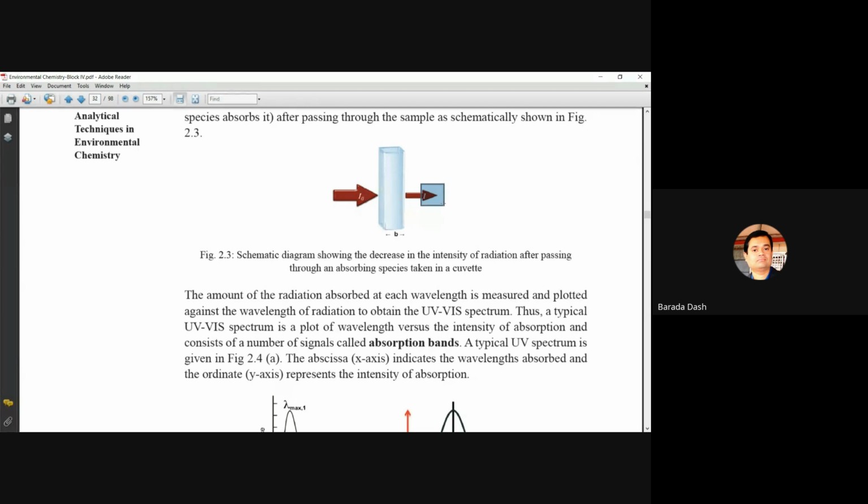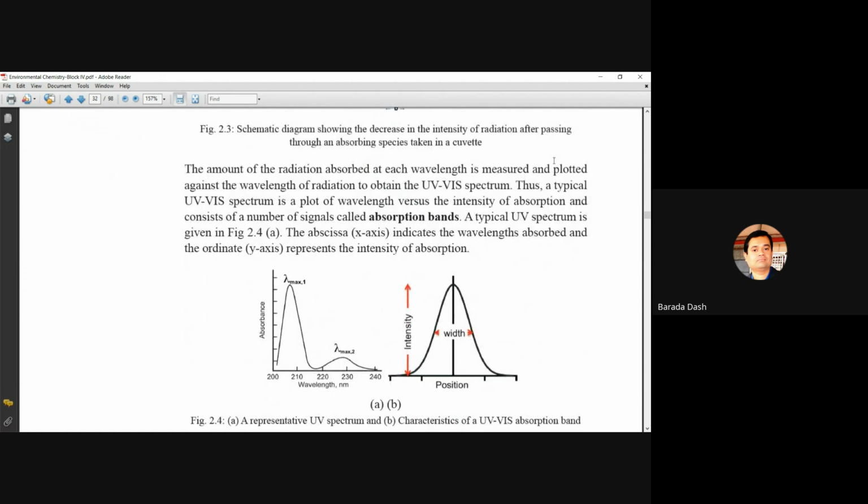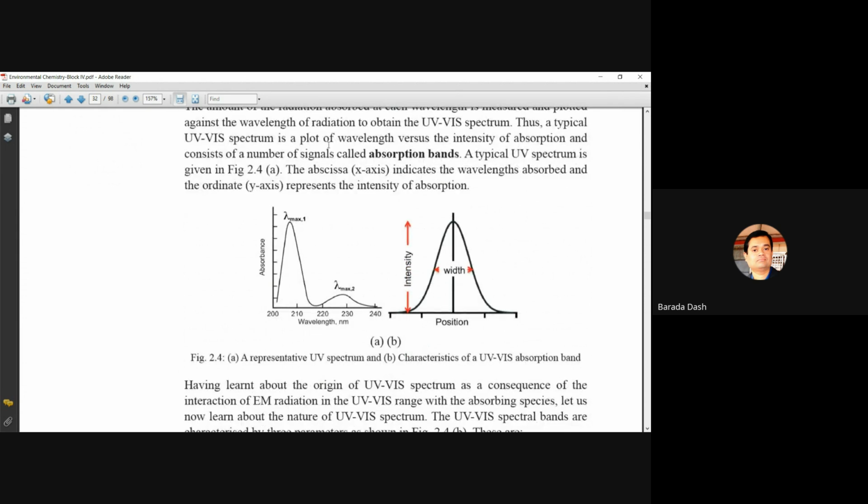There is a difference. I zero is the incident radiation, whose value is different from the I, which is going out after passing through the analyte, through the cuvette. So some of it is absorbed. That absorbance leads to different pi star, n pi star transitions in the molecule, and you observe an absorbance band.